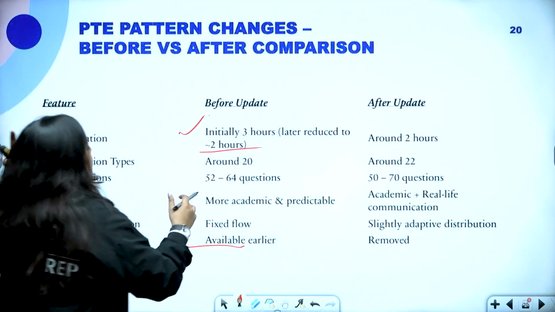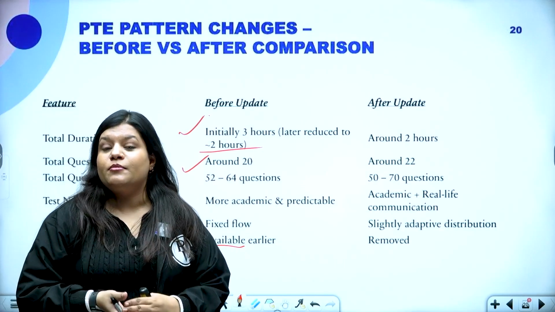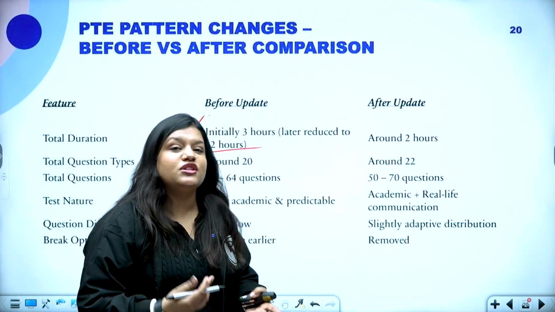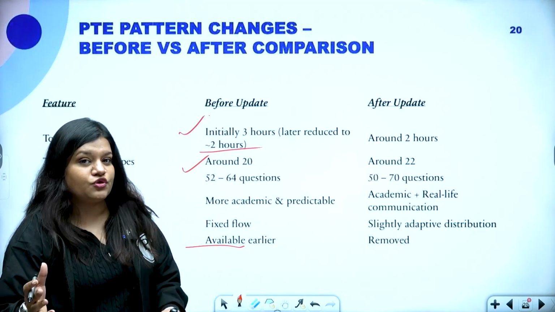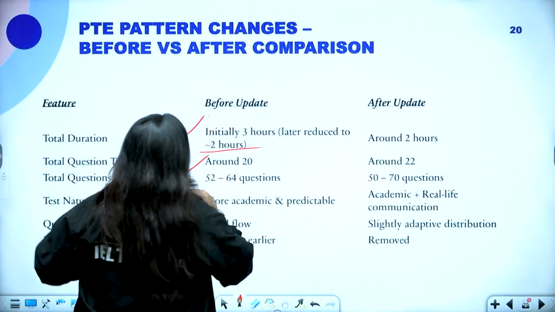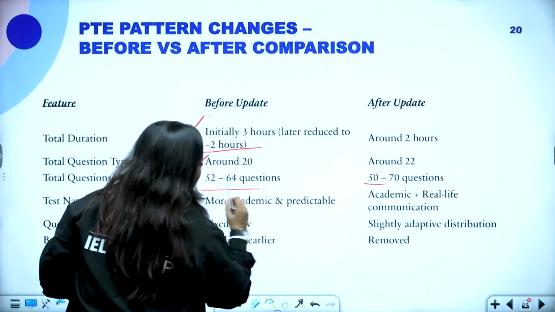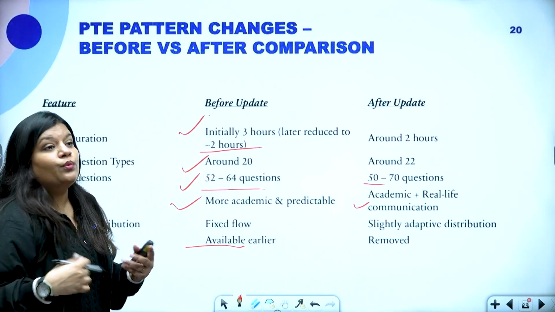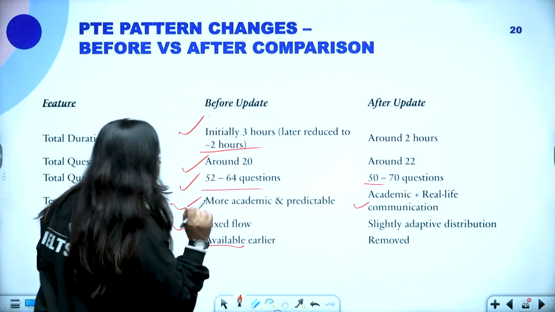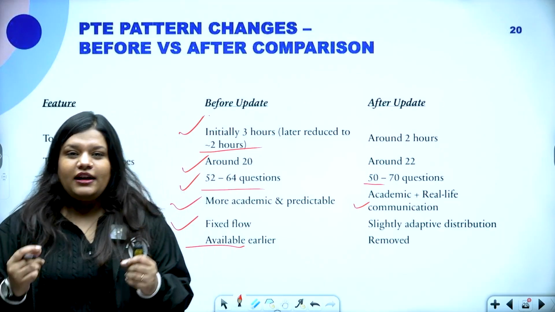Earlier we had around 20 questions, and now, because of two new questions, respond to a situation and summarize a group discussion, it turns to around 22. Furthermore, earlier we had 52 to 64 questions, and now we have 50 to 70 questions. More academic and predictable, academic with real life communication. Earlier we had a fixed flow, now it is slightly adaptive distribution. So you need to adapt.